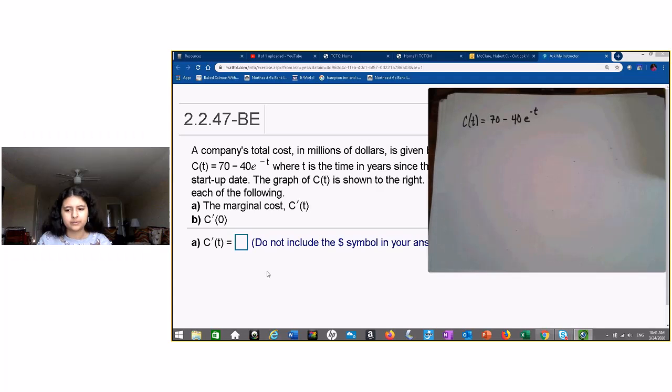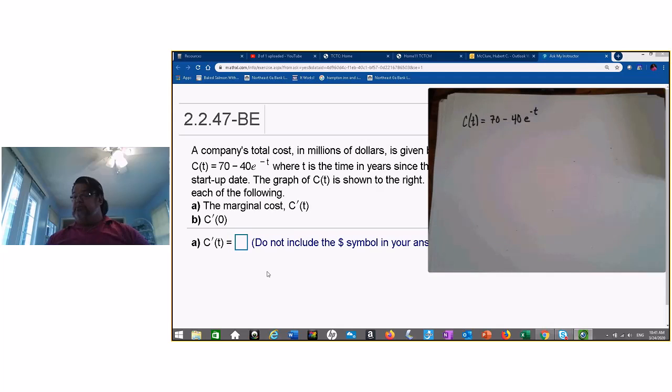There it is. Okay, so let's take the derivative.